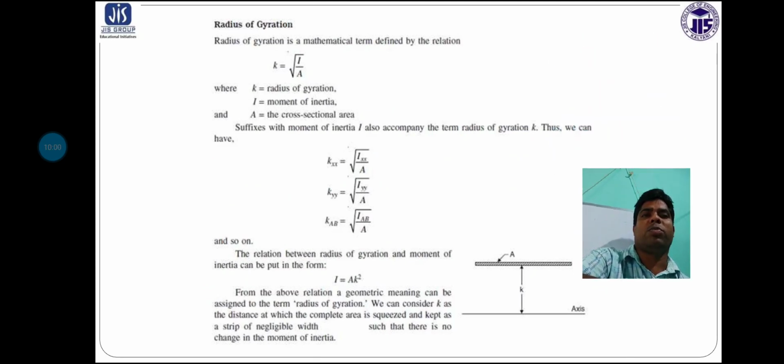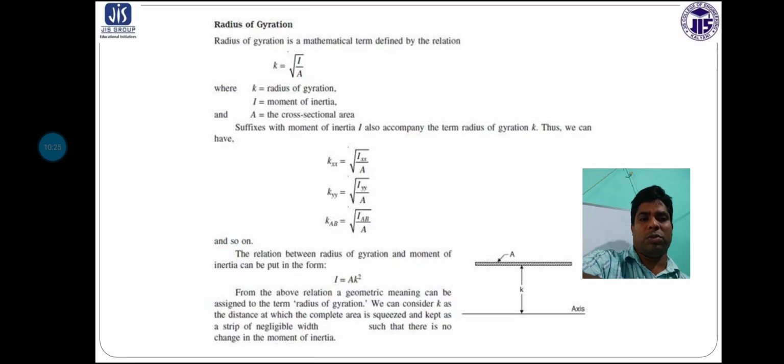Now radius of gyration. Radius of gyration is a mathematical term defined by the relation k is equal to root of I by A, where k is the radius of gyration, I is the moment of inertia, and A is the cross sectional area. The suffix used with moment of inertia I also accompanies the radius of gyration k.